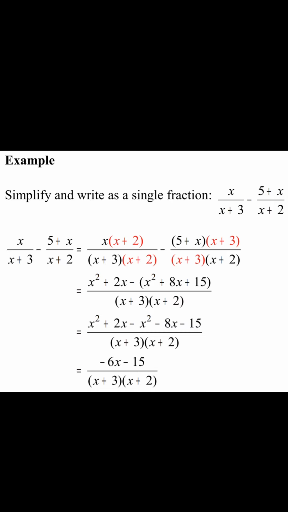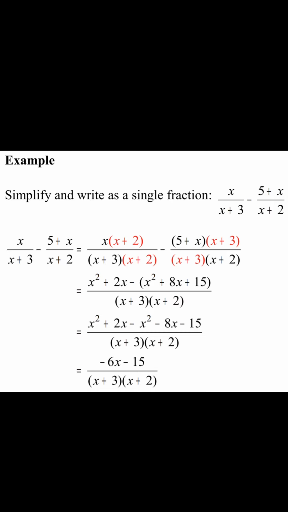And you can see that it simplified the x times x, plus 8x, or 5 plus 3 times x, and they've added the 15, which is the product of 5 times 3. So they've simplified both numerators into one on the second line, and they've just dealt with the denominator, which really remains unchanged. It's just the same, x plus 3 times x plus 2, and that's the second line.